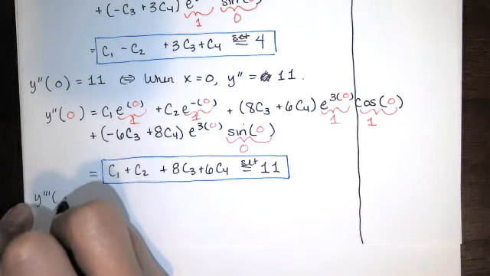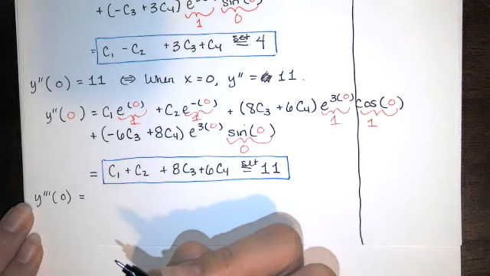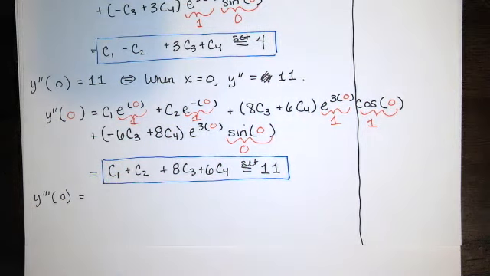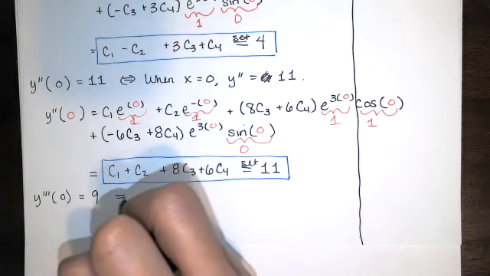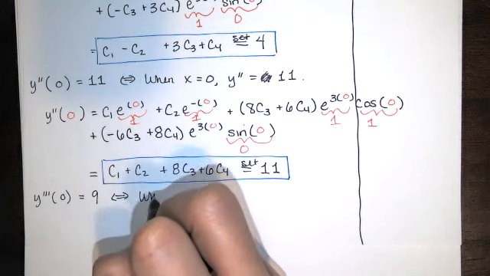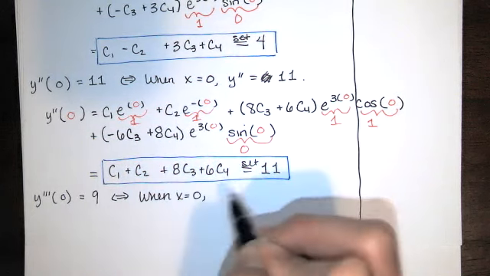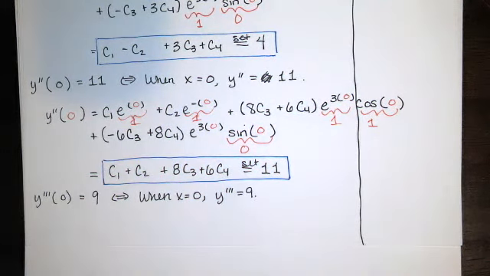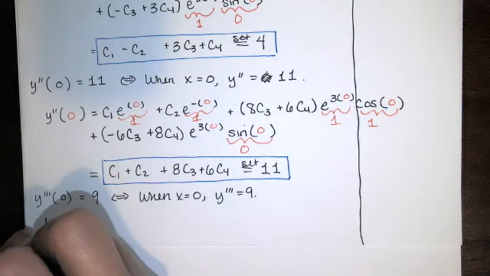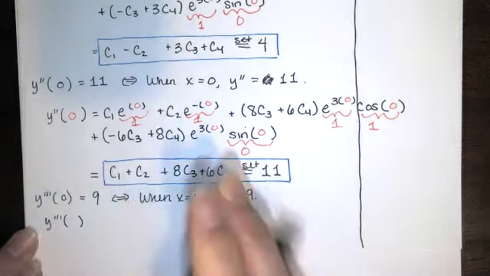Almost there. Y triple prime at 0 equals 9 is the last initial condition. So that says that when x is equal to 0, y triple prime is equal to 9. Okay, so we go to y triple prime and we plug in 0.